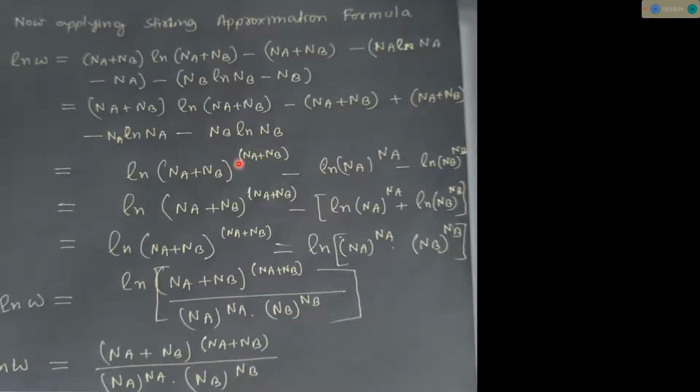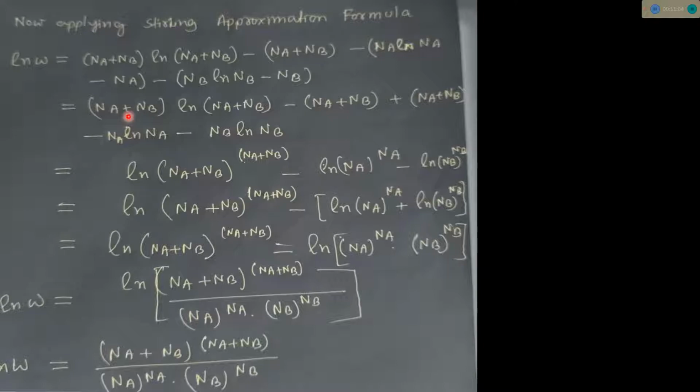Here there is no chemistry; the chemistry is the Stirling approximation formula and the thermodynamic probability. But this is only a mathematical calculation, properties of some logarithm functions. We are just rearranging the whole term here.